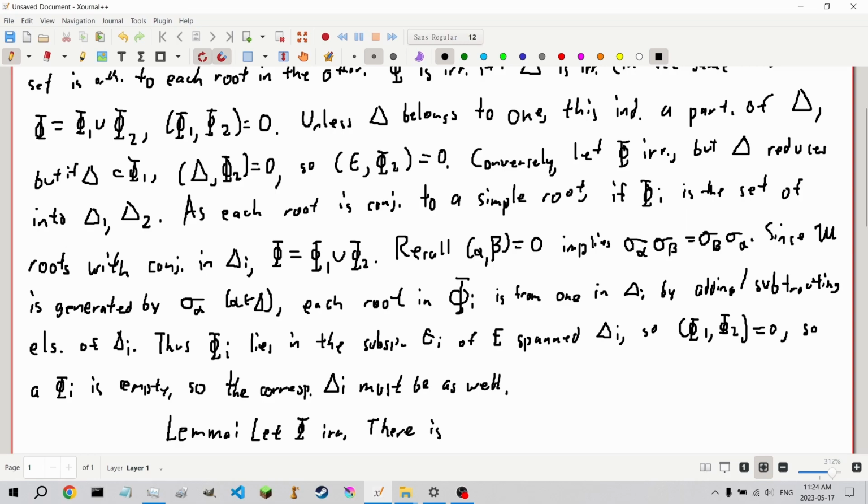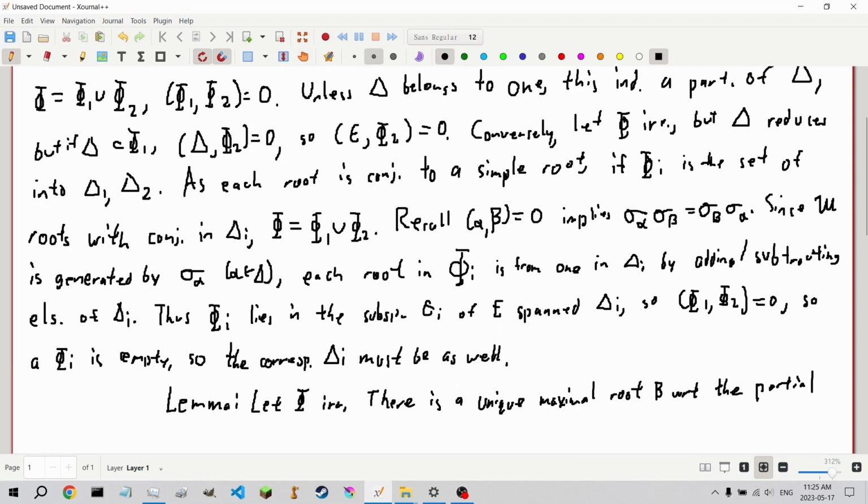There is a unique maximal root beta with respect to our ordering, our partial order from before.